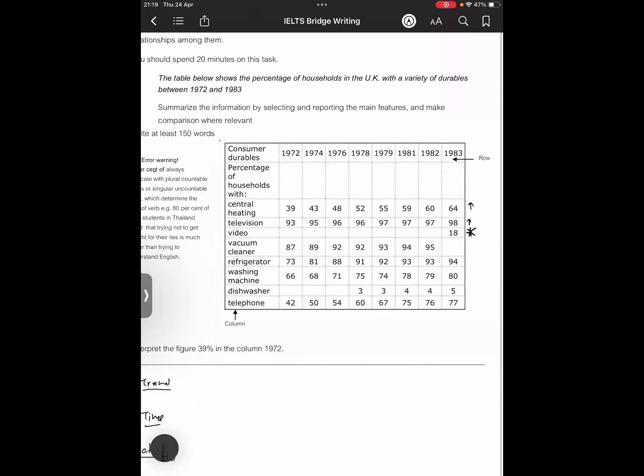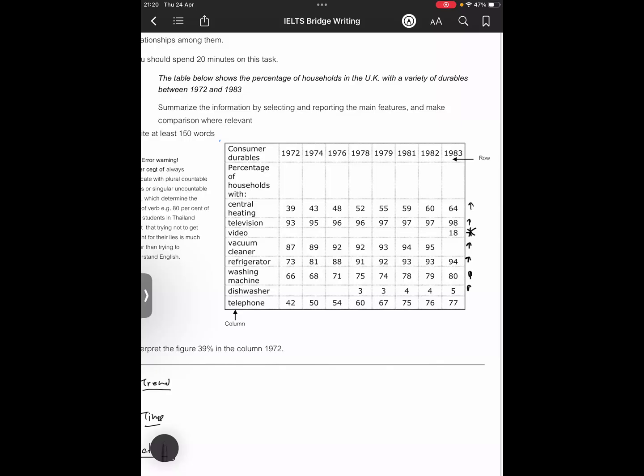Now for vacuum cleaner, that's again a positive slope. Refrigerator is also a positive slope. Washing machine has a positive slope.